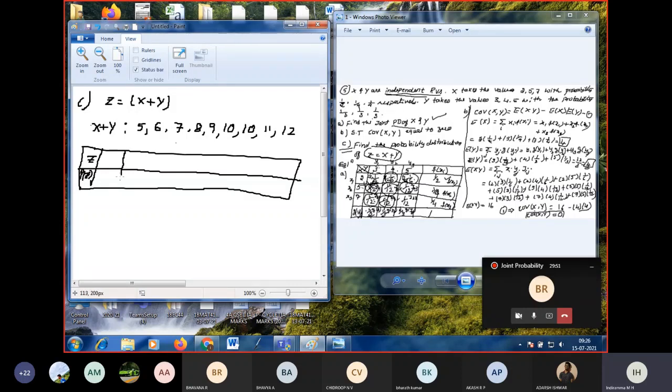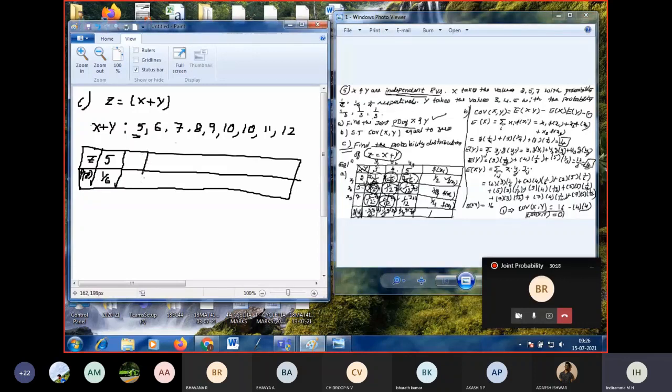So when z is 5, that is obtained when x is 2 and y is 3. What is the probability when x is 2, y is 3? That is 1 by 6, right? I will write here, 1 by 6.